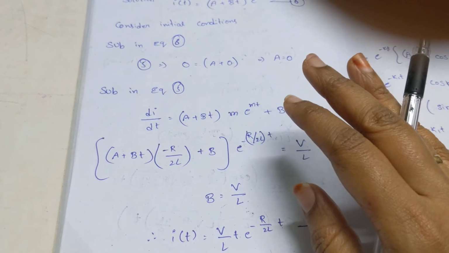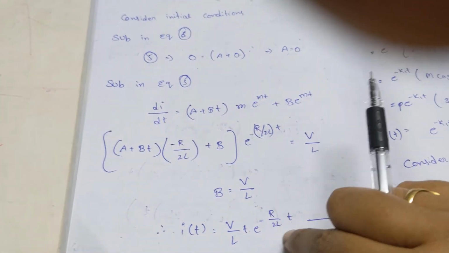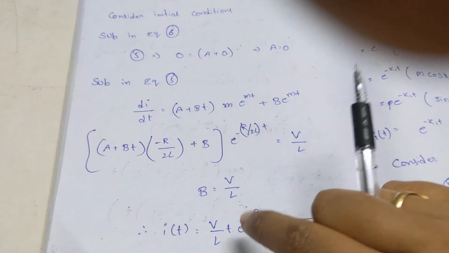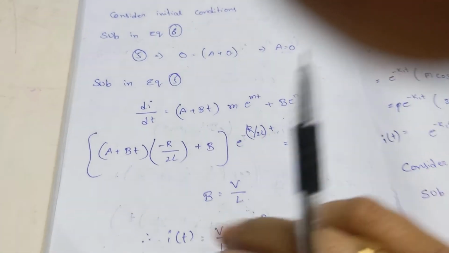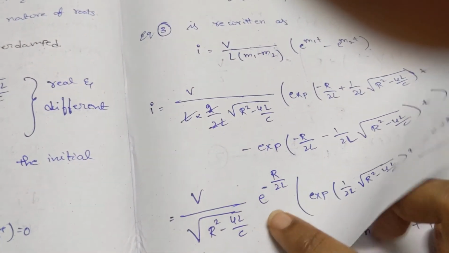This second case current response is an exponentially decaying term, a single exponentially decaying term. In the previous case, it was a difference of exponentially decaying terms.